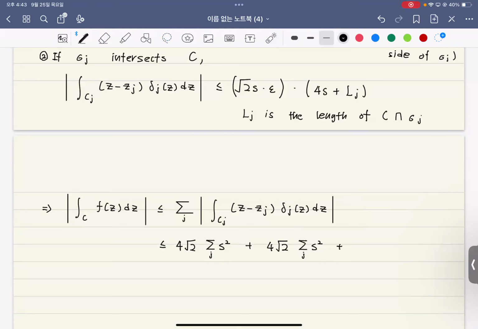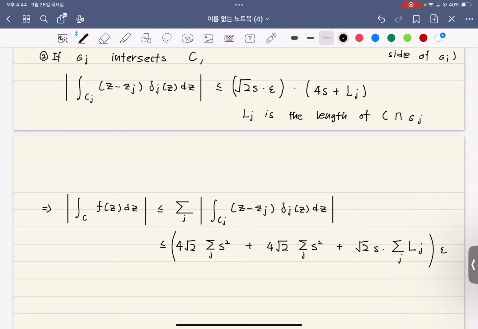Plus square root of 2 times s times Lj. And everything multiplied by epsilon.